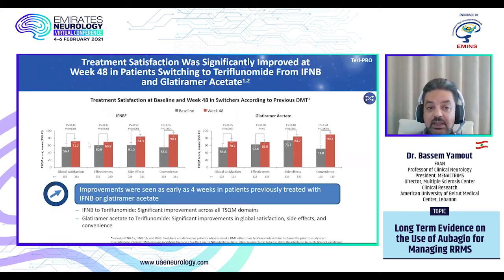And this increase is specifically driven by the side effects, where satisfaction increased significantly, and by convenience. Rather than taking an injection every other day or daily, you're getting a single oral tablet per day. So the side effects and the convenience were the main issues that drove a much higher satisfaction with Obagio once shifted from interferons. And the same was seen with glatiramer acetate.